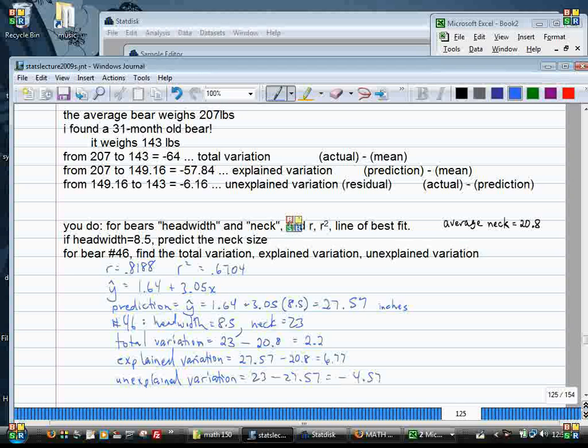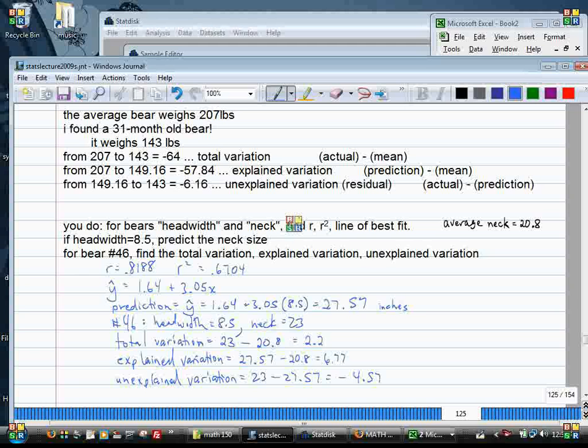So when a bear has a head width of 8.5, what's the prediction for the neck size? We just did that in the previous part. If the head width equals 8.5, predict the neck size. So the prediction is 27.57. That's how we make a prediction.